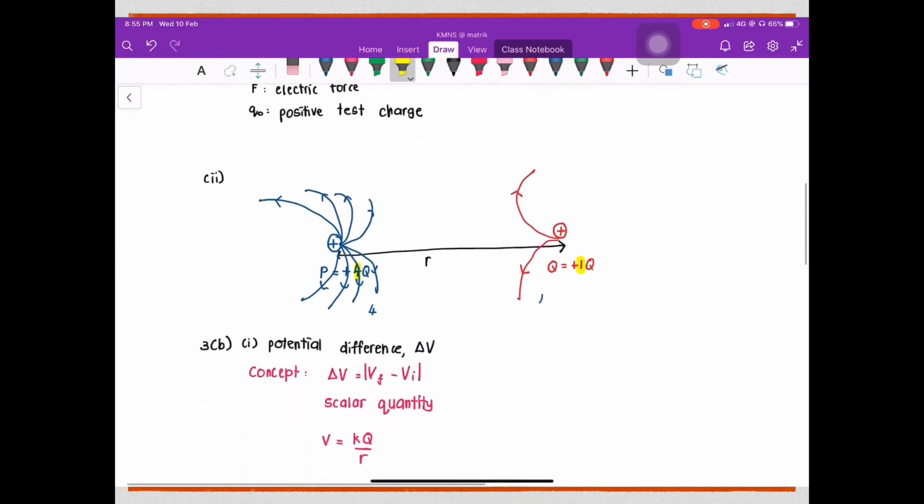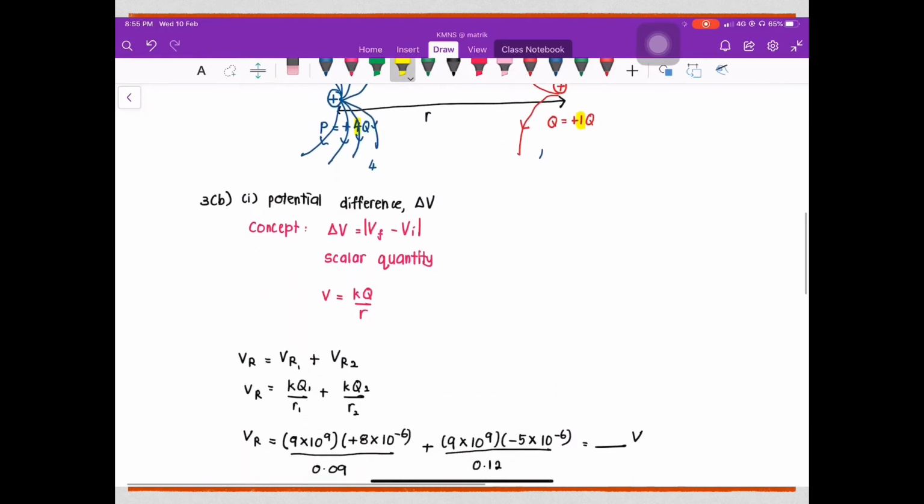Okay, now we want to determine the potential difference. So the concept is delta V equals V final minus V initial. Then the electric potential or potential difference is a scalar quantity. And then this is the related equation.